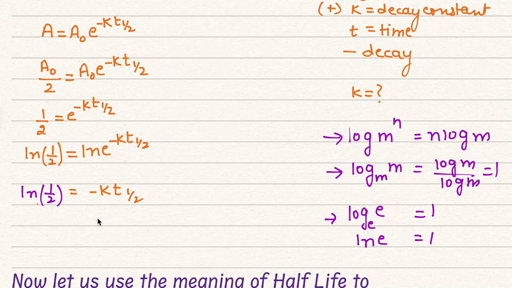So that means we have to divide by negative t half-life, which is equal to k. Okay. Now, because there is a negative sign in the denominator, we can write it in the numerator.